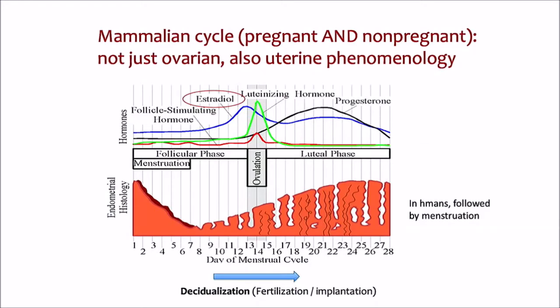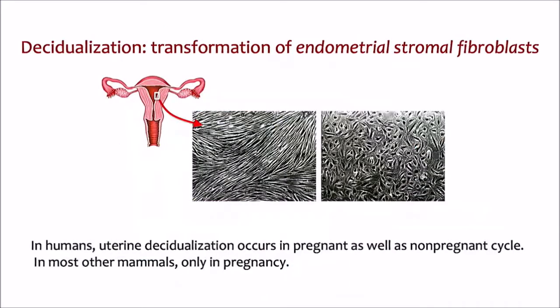The really important thing that happens within the uterus is that the endometrial stromal fibroblasts, shown here in cell culture, transform themselves into decidualized cells.